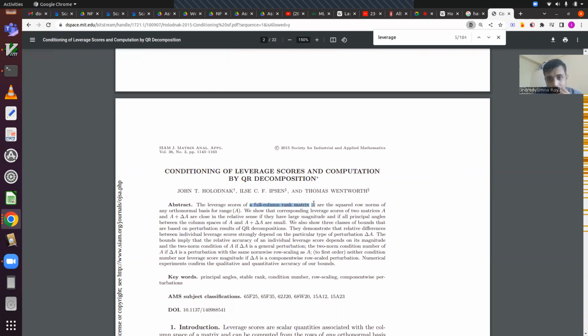Leverage scores of a full column matrix A are the squared row norms of the basis of range A.